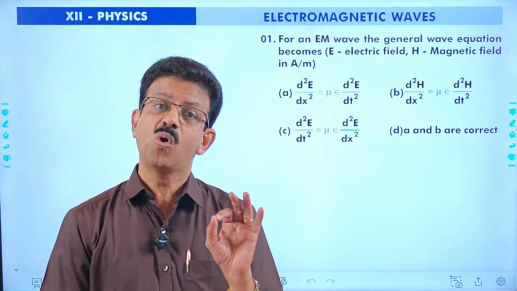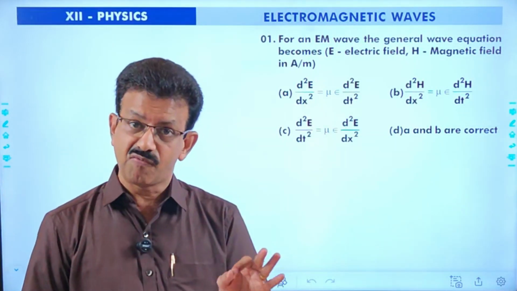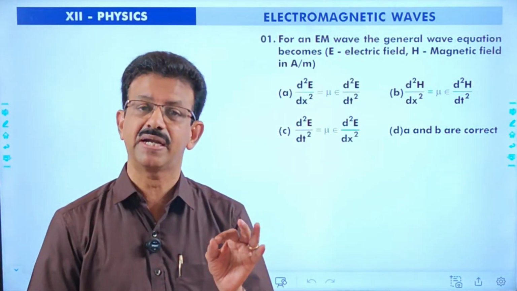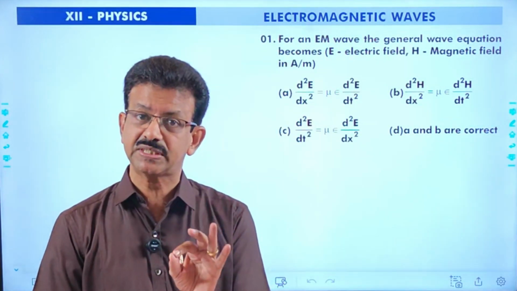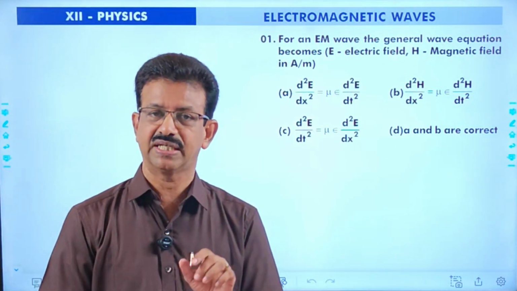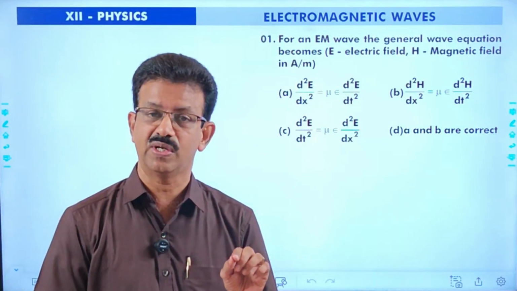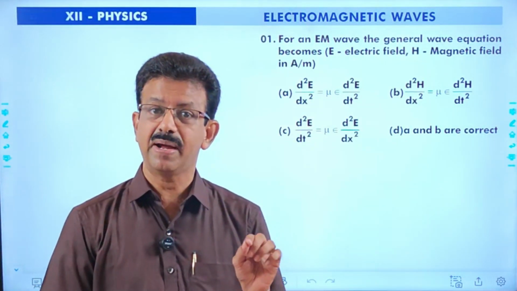Now, a progressive wave means a wave in which energy transfer takes place along a particular direction. All the progressive waves should satisfy a condition called the general wave equation, that is d square y by dx square equal to 1 by v square d square y by dt square.